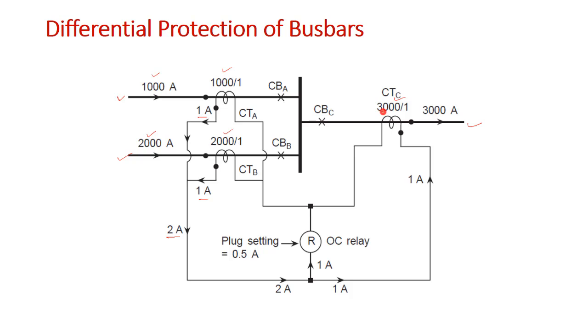Now here if I put a CT of ratio 3000 is to 1, the current here will be 1 ampere. So now 2 ampere is coming and 1 ampere is going out, and the rest 1 ampere is going through the spill path, that is through the overcurrent relay.